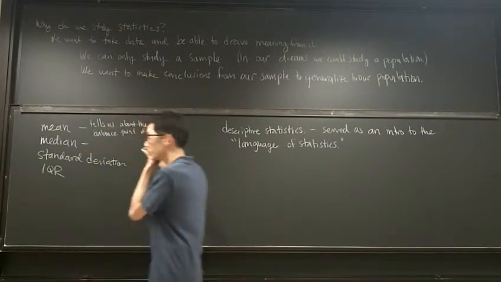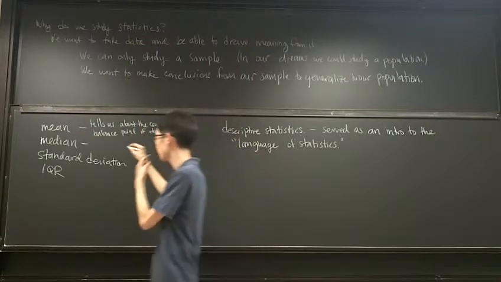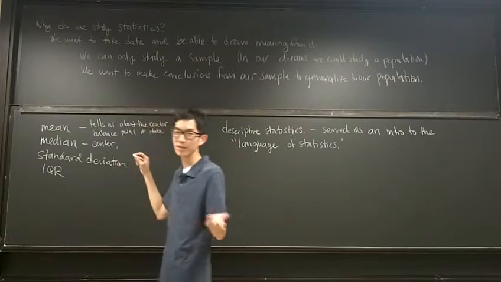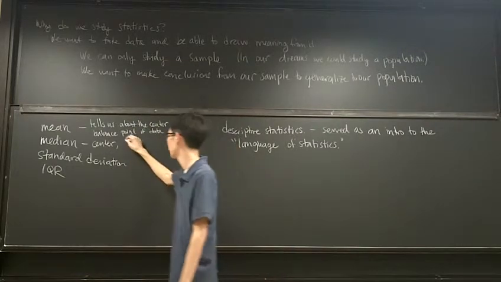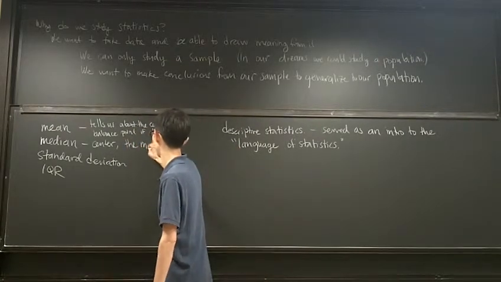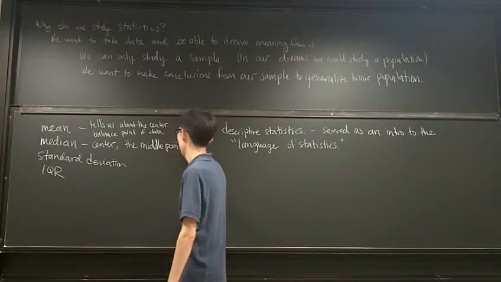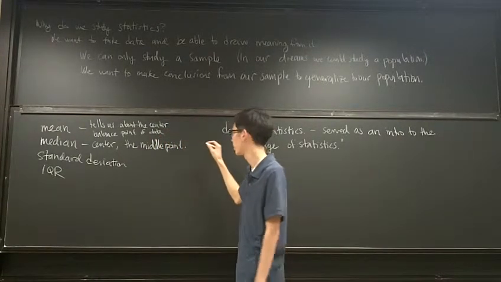And then the median also tells us about the center. It tells us the literal middle point: half are larger, half are smaller.